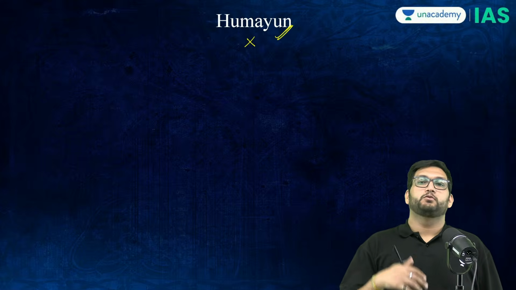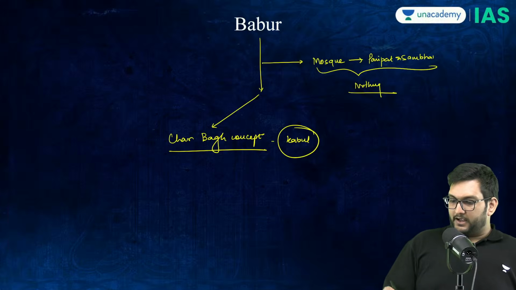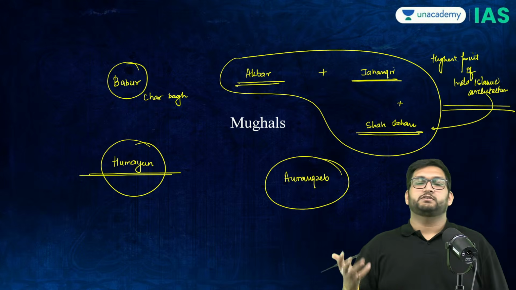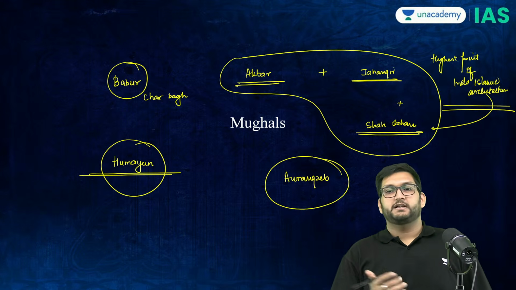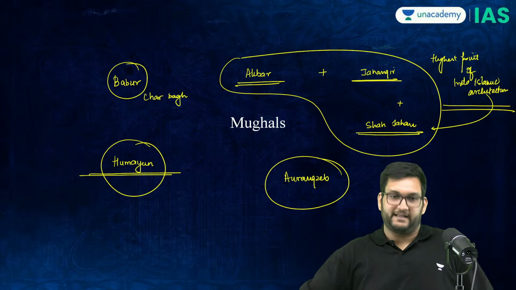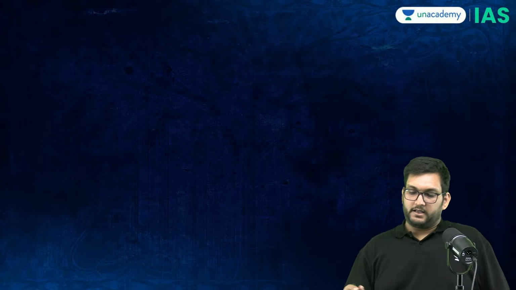Therefore, it does not fall under Humayun's contribution. So Humayun in this story does not really contribute anything. He gives Char Bagh. Humayun, too unstable an empire, Chausa, Kannauj, Sarhind, 15 years of interregnum. And by the time he comes back, he will rule only six months and then he will die. So, Humayun, nothing really.